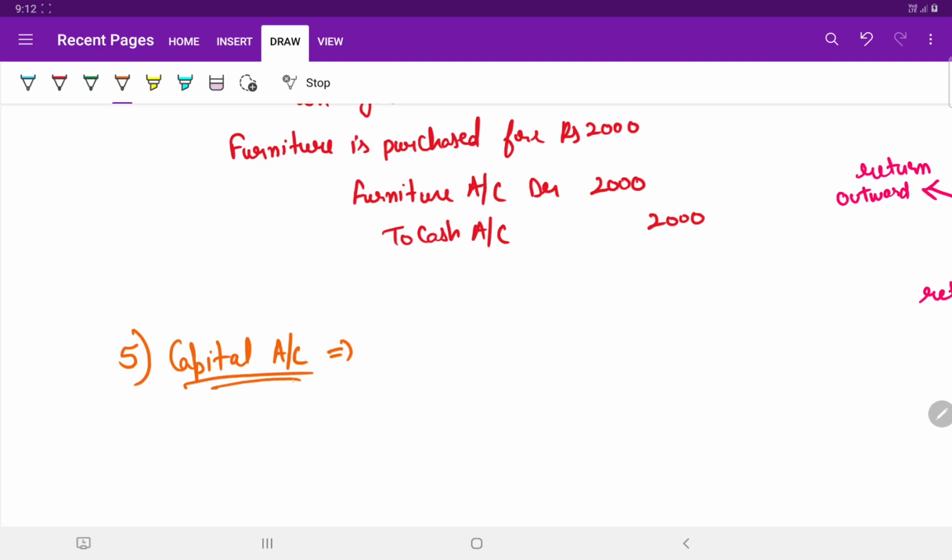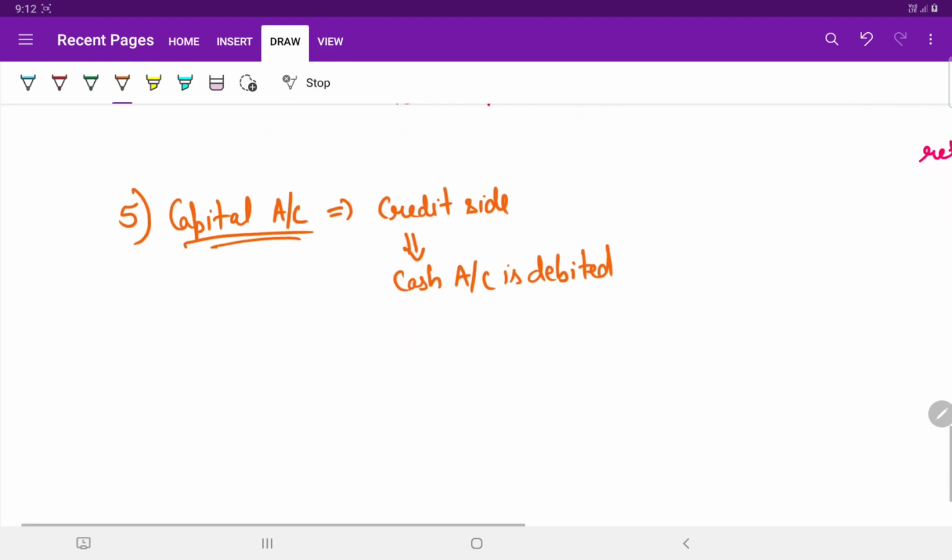Capital account is for the money that is invested to start the business, so it is always recorded on the credit side. Whereas for this particular entry, the cash account is debited because the money is coming into the cash account.